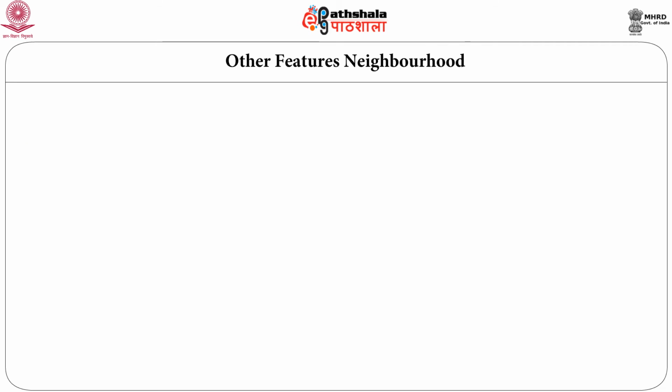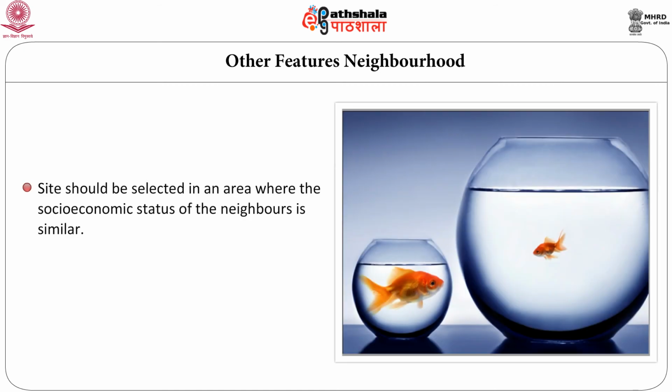Now, the other features, the neighborhood. Now, let us look at some of the other ancillary features that are also important when you are selecting a site to build a house to live in. The first thing would be the neighborhood. The site should be selected in an area where the socio-economic status of the neighbors is somewhat similar.